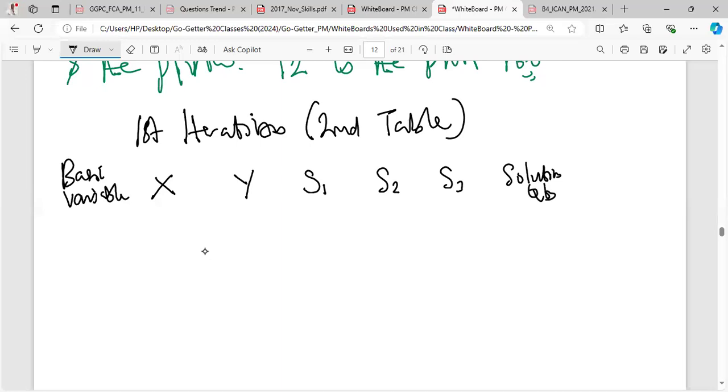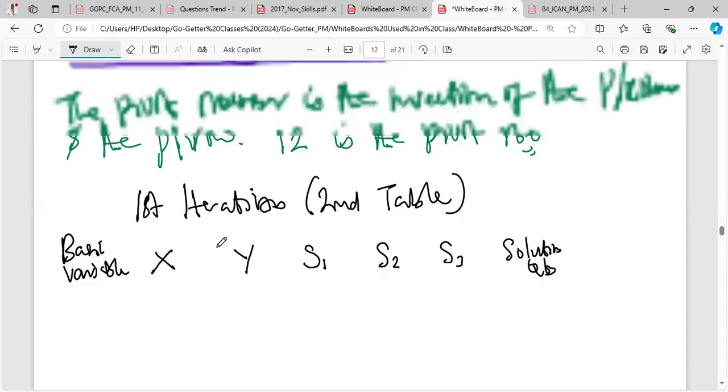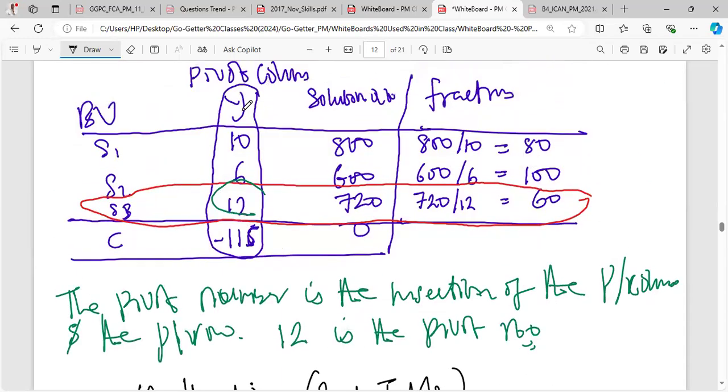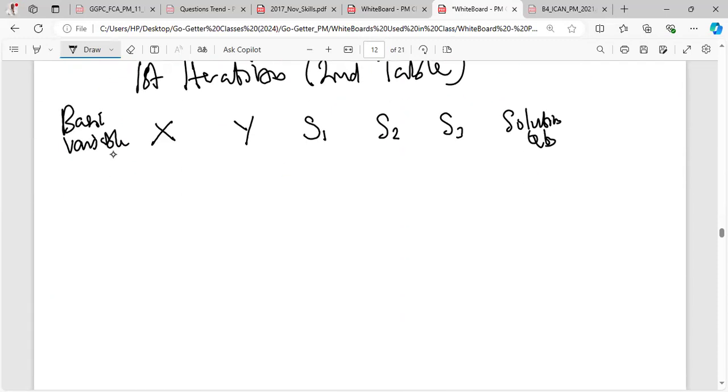So we are now trying to form the next table. We said y will replace s3. That means s1 and s2 will remain where they are, but s3 is going, y is taking its place.